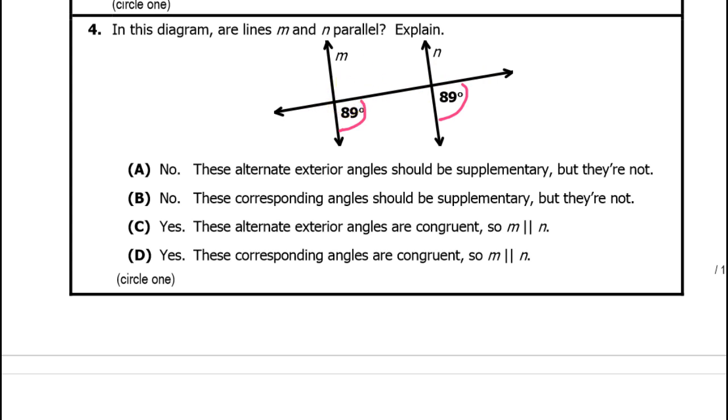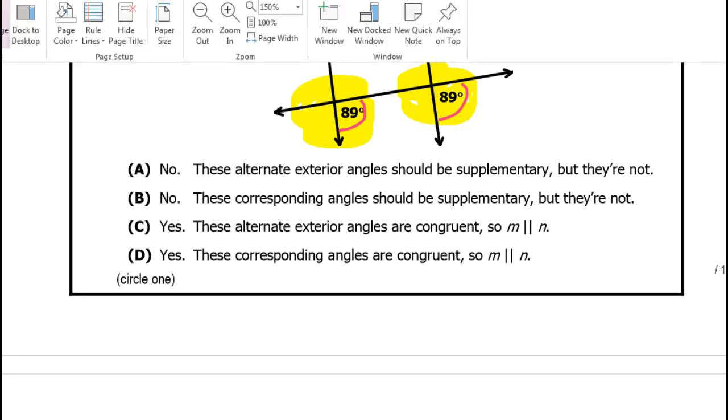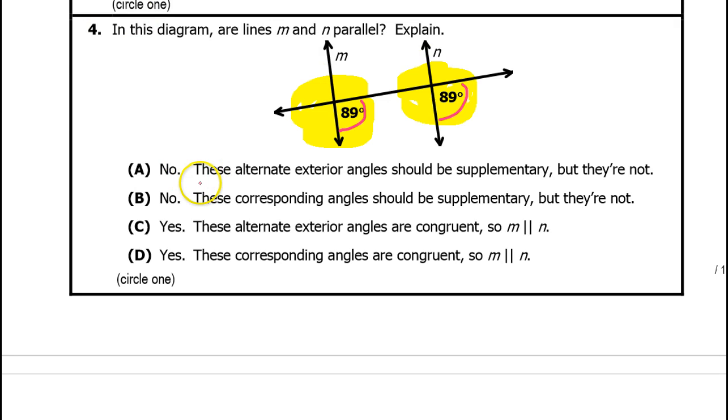So I see an x right here, and I see another x over here. So the 89 is lower right and lower right. So those are corresponding angles, and if the lines are parallel, corresponding angles should be congruent. And they are congruent, so that means the lines must be parallel. So now I'm just looking for the answer that says what I just said. The answer was yes, they are parallel.